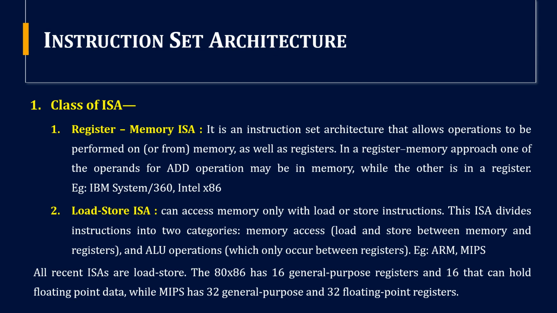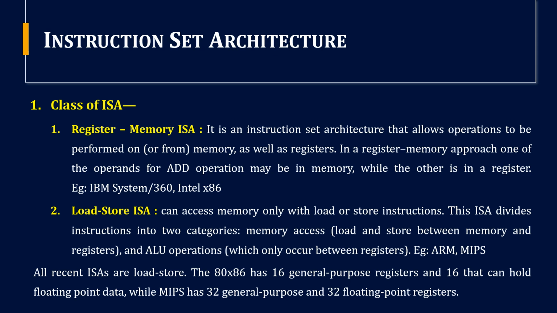So in this approach, one of the operands, for example in an addition operation, may be in memory while the other is in a register. Examples of register memory ISA are Intel x86 and IBM's System 360.